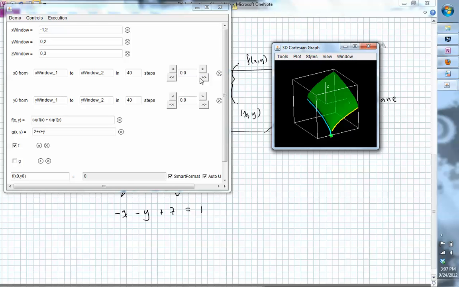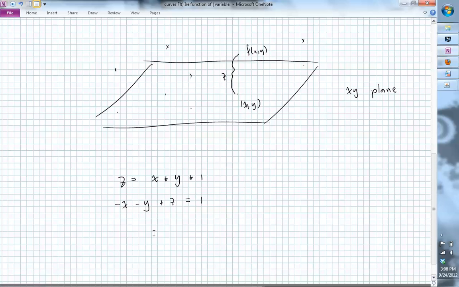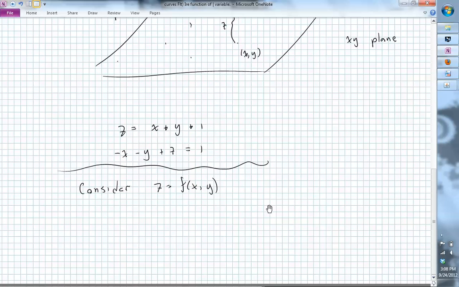So if I have a function, consider z equals f of x, y, and what I want to do is see what values of x, y satisfy k equals f of x, y, where this is a constant.